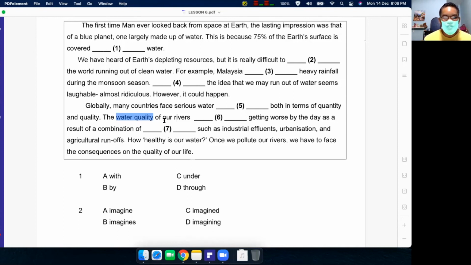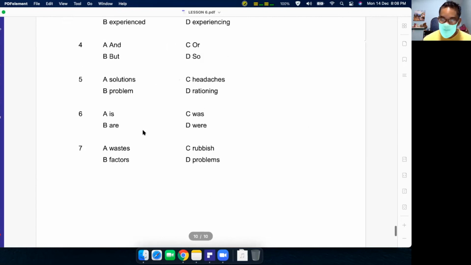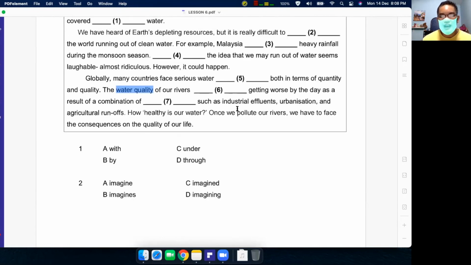The water quality of our rivers is getting worse by the day as a result of a combination of problems such as industrial effluents, urbanization, and agricultural runoffs. How healthy is our water? Once we pollute our rivers, we have to face the consequences on the quality of our life.